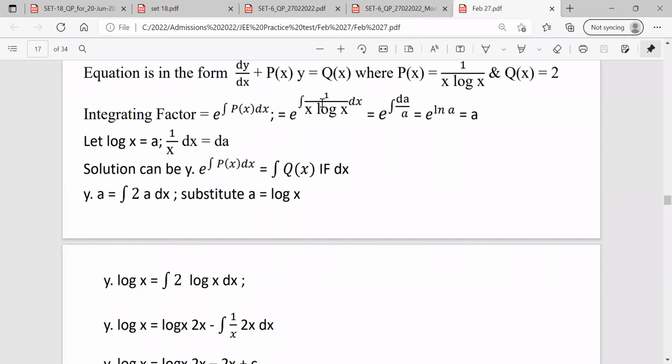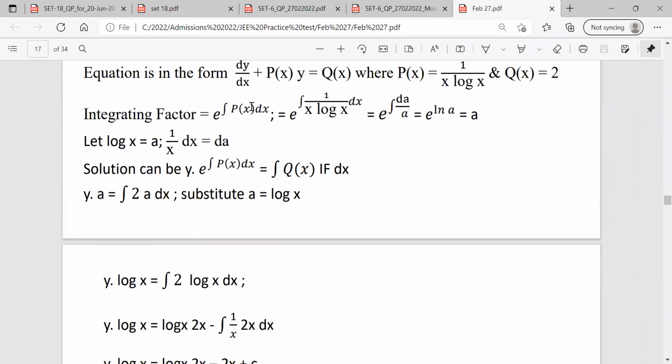Here we substitute log x as a, so 1 by x dx equals da. We can write this as e raised to the integral of da by a, which is log a. So e raised to ln a becomes a. This is the important part of this question, where we are finding the integrating factor.